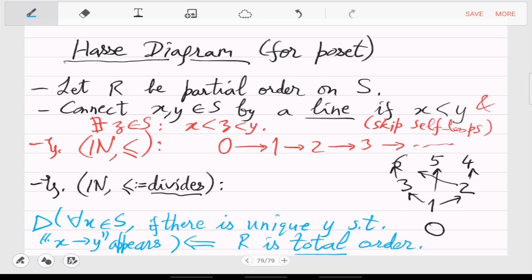So we see this out degree 2 only because the relation is not total, it's partial. If it's total, then you can show that this will not happen. So it means that the diagram would be what? Just a line. Yeah, so prove this as an exercise. So simple thing to prove.